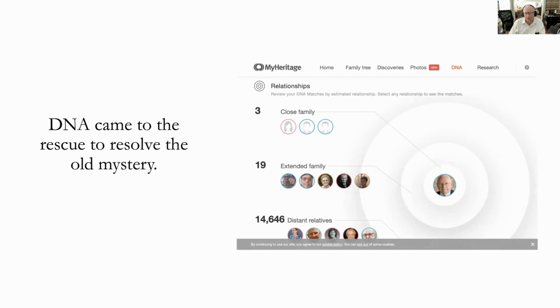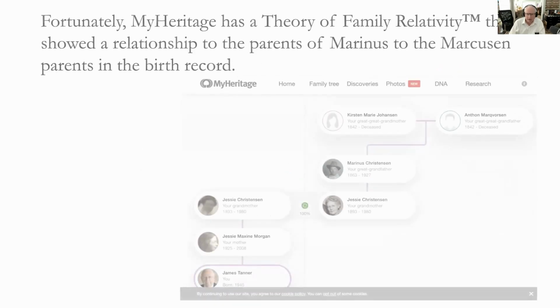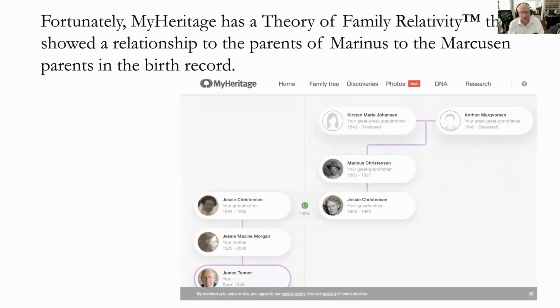We'd already had DNA tests with MyHeritage, and that became the way to solve the mystery. It actually happened rather automatically, because MyHeritage has a Theory of Family Relativity that showed the relationship to the parents of Marinus and to Marcuson.